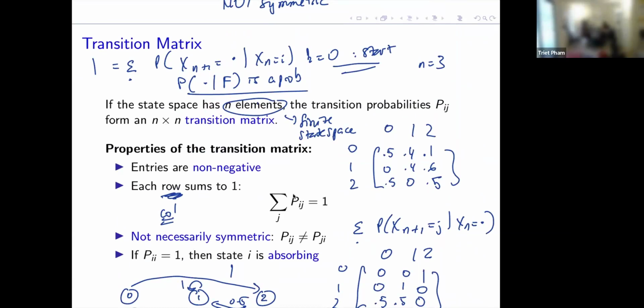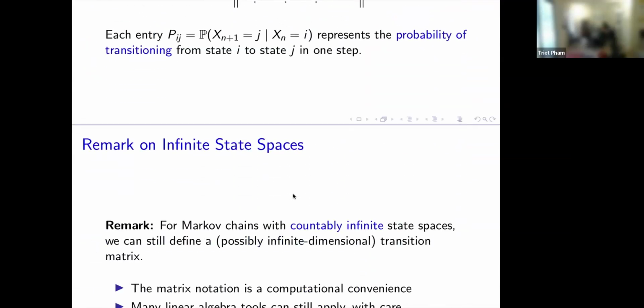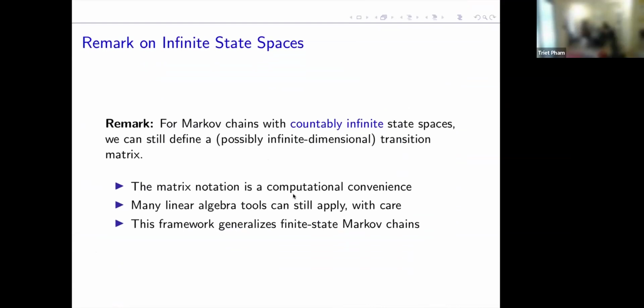Finite state space is easy, like a dice toss or something that's dependent. Infinite state space, what would that be? Well, a random walk in one dimension would be an infinite state space, because the random walk can travel on forever, at least with some probability, to the right and to the left. So it's an infinite state space.